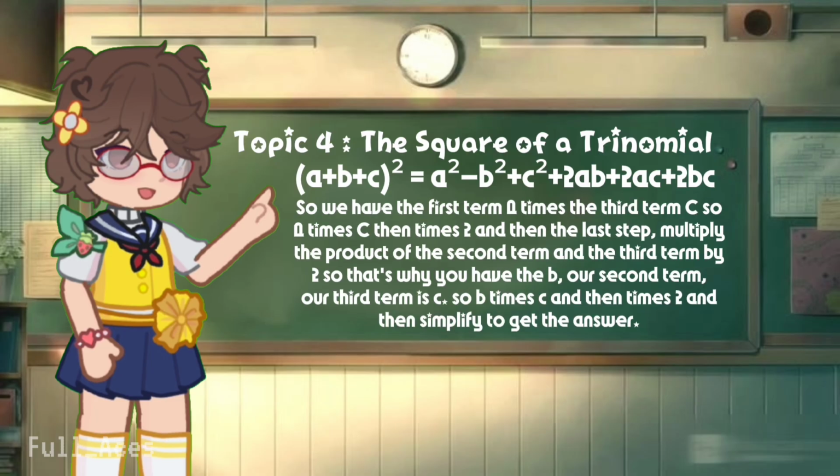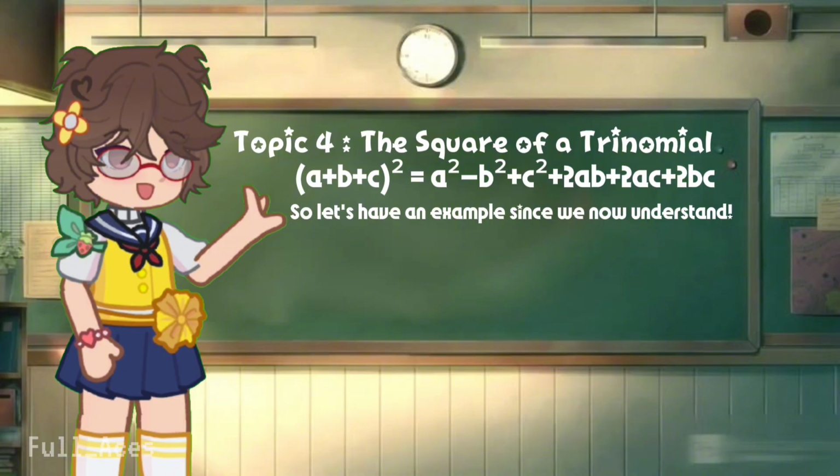So we have the first term a times the third term c, so a times c, then times 2. Then the last step: multiply the product of the second term and the third term by 2. Our second term is b and our third term is c, so b times c and then times 2. Then simplify to get the answer.